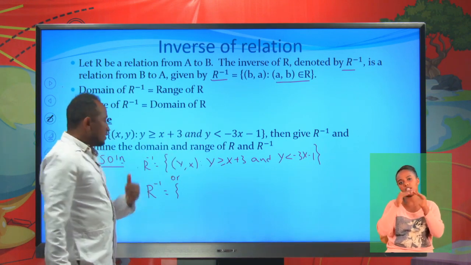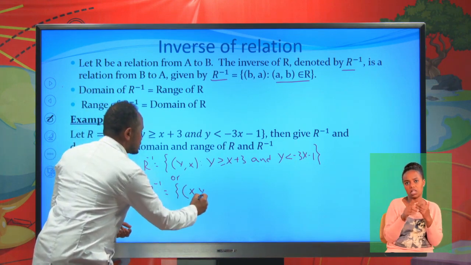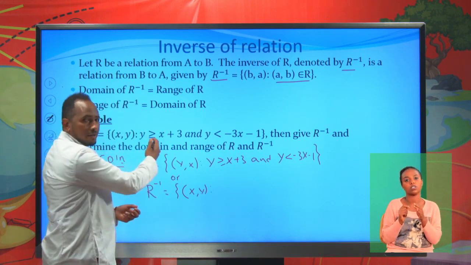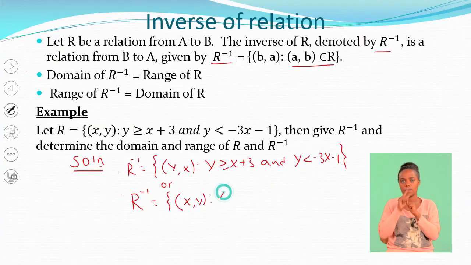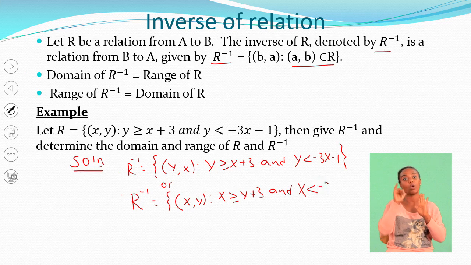So R inverse will be the ordered pair (x, y) such that, changing x and y here, x is greater than or equal to y plus 3 and x is less than minus 3y minus 1.